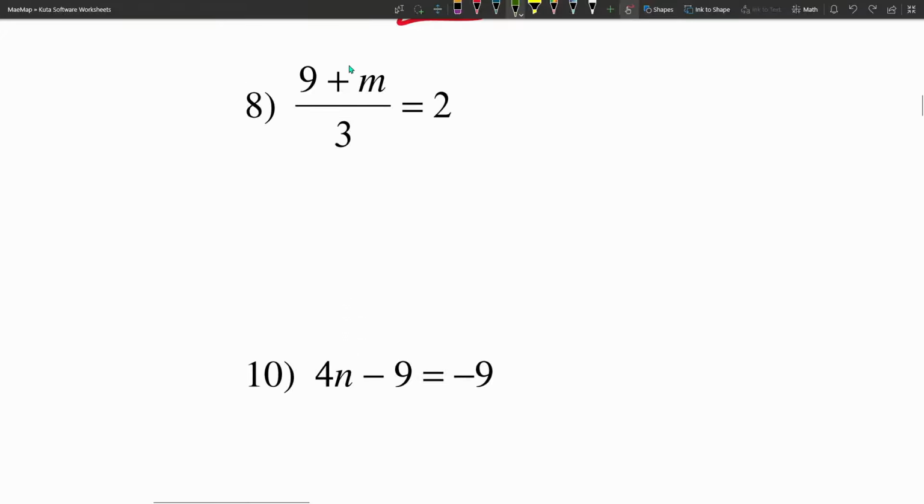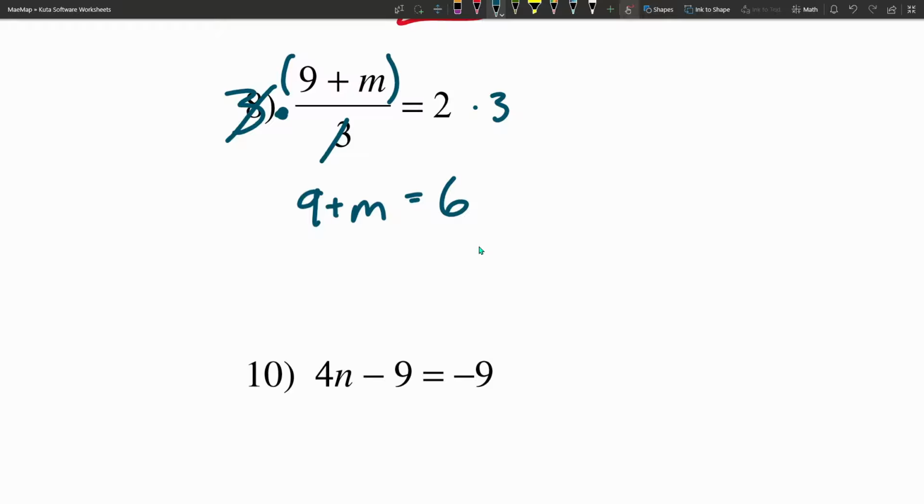And number 8, that 9 is in the numerator, so it is indeed divided by 3. So what I'm going to do is start by multiplying both sides by 3. When I multiply by 3, I'll get 9 plus m equals 2 times 3, which is 6.